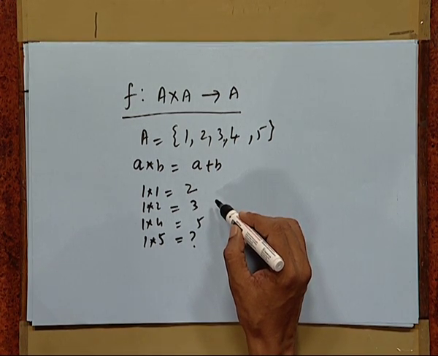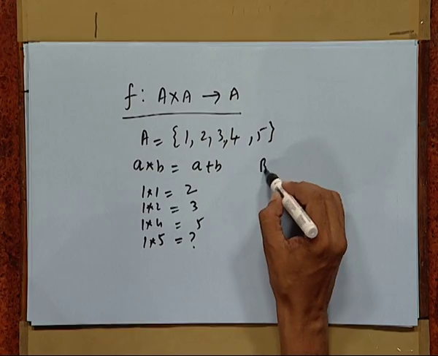In short, always the output of the binary operation must be in the set. So, for this set, this is not a binary operation, but with slight modification we can make it binary.